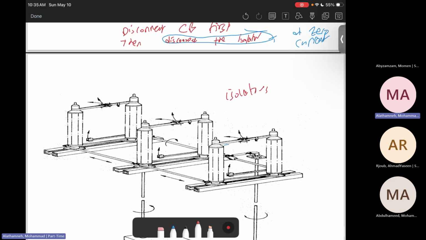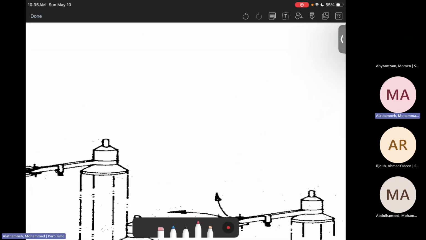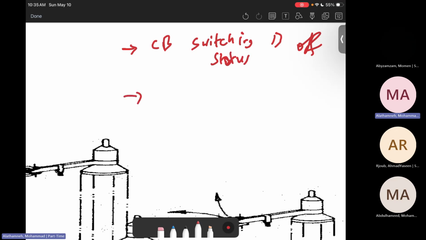So our purpose, let's recall what we discussed before in high voltage lines. We said we need to make sure to do circuit breaker switching off. Then the other thing, isolators switching off.